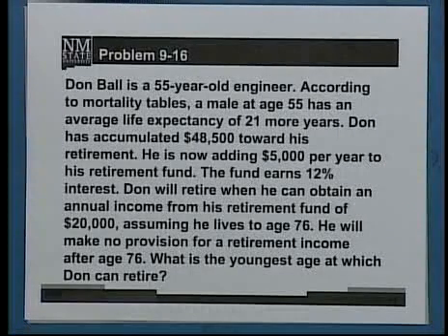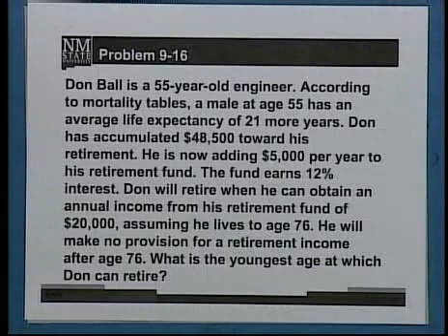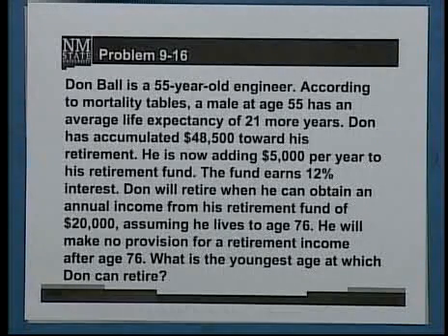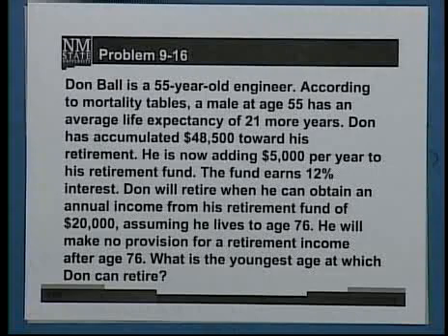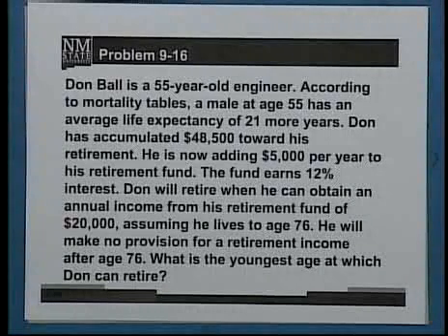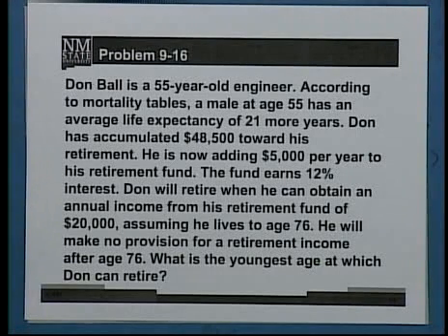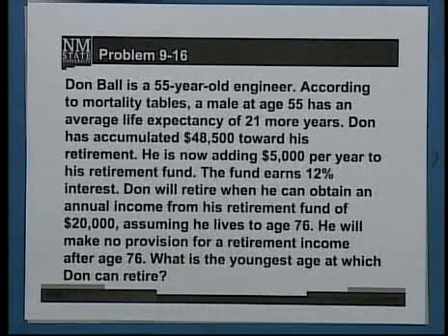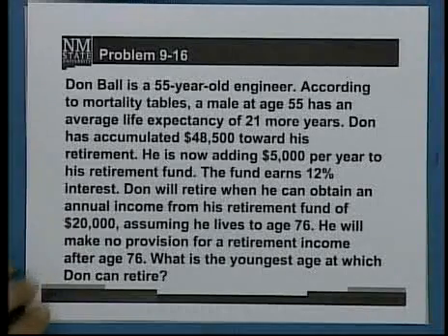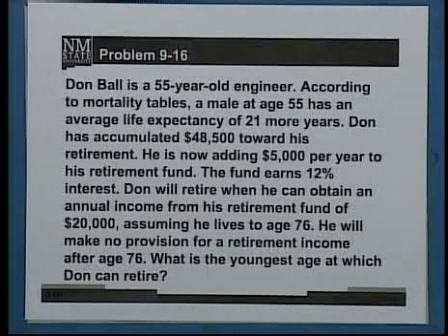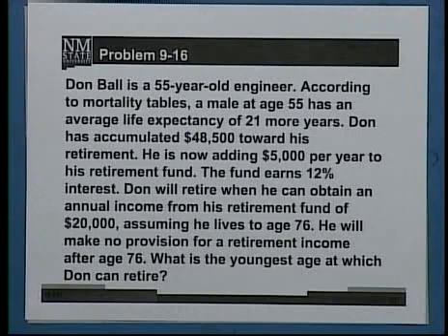He is now adding $5,000 per year to his retirement fund. The fund earns 12% interest. He will retire when he can obtain an annual income from his retirement fund of $20,000, assuming he lives to age 76. He will make no provision for a retirement income after age 76. What is the youngest age at which he can retire?